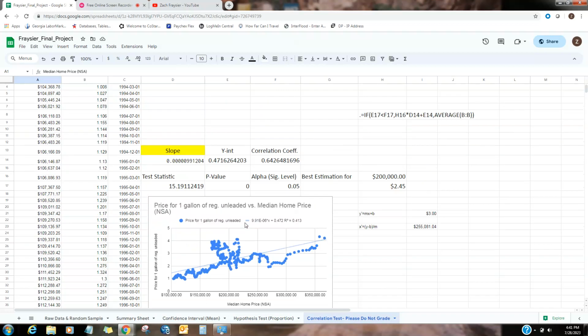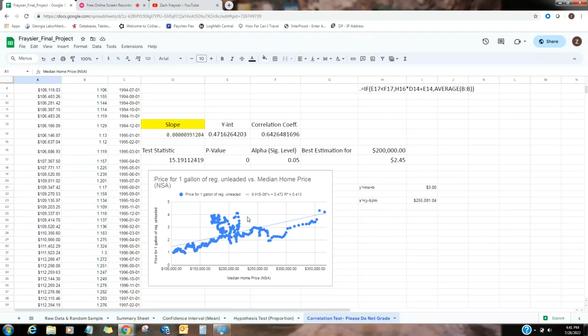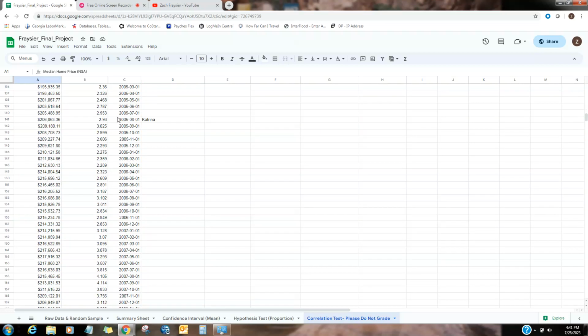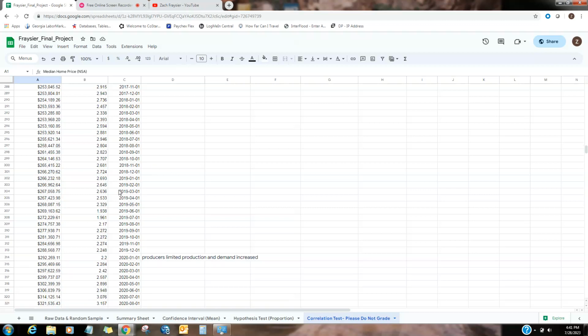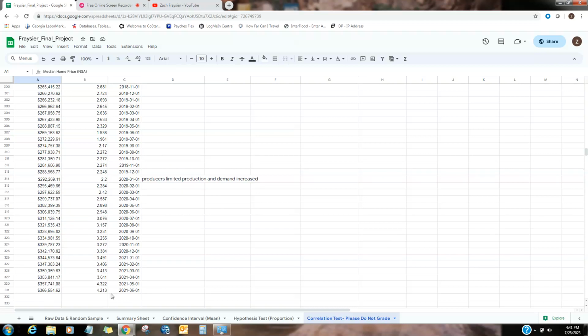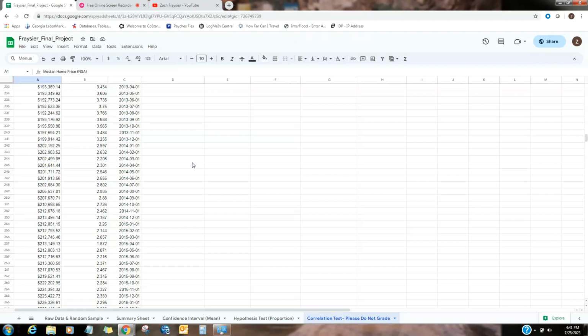Correlation, I'm going to breeze through this really quickly because I don't want you to grade this, Mr. Blevins. I put in the entire population. I just thought it was interesting. There's a lot of stuff going on in the gas prices: Katrina, hydraulic fractured horizontal wells, and COVID, where producers limited production, thinking that people weren't going to be traveling or going to work, and people ended up traveling all over the place. Gas prices ended up coming up because producers cut supply and demand actually spiked.